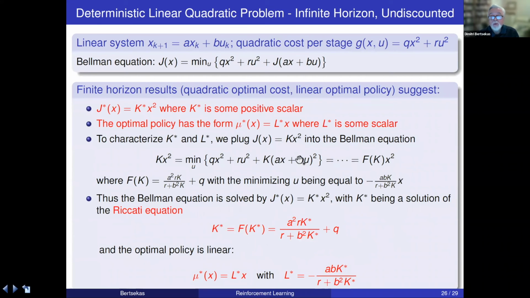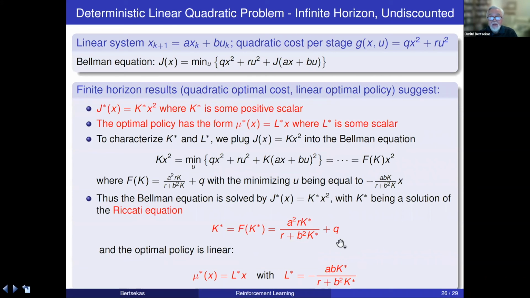Moreover, from the Bellman equation, we minimize with respect to u with K star in place of K, and we obtain the corresponding optimal policy, which is linear of this form here with K equal to K star. That's the solution of this problem. If you can solve this Riccati equation for K star, you will have found the optimal cost function.